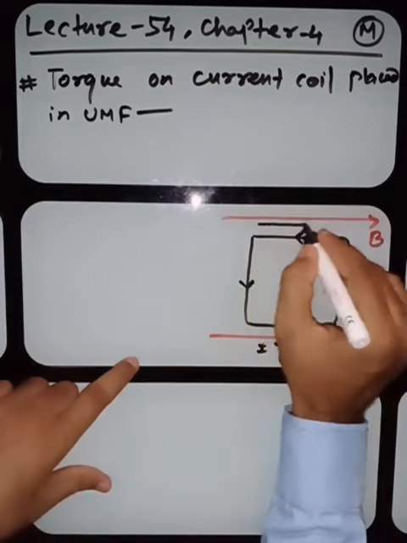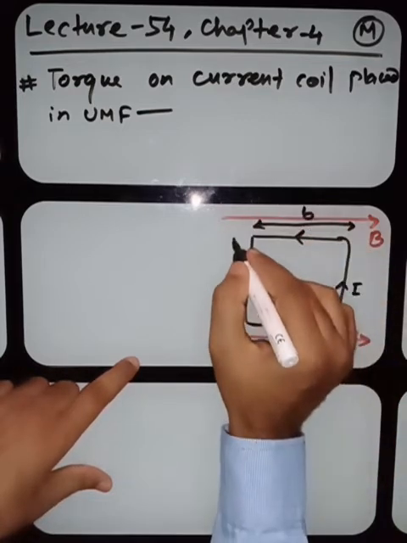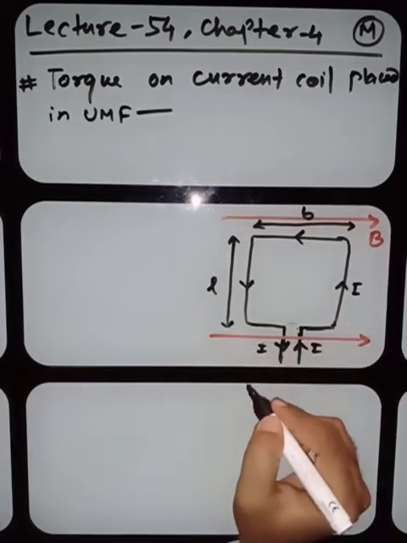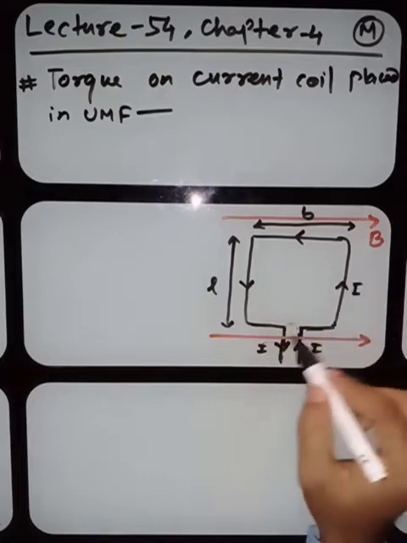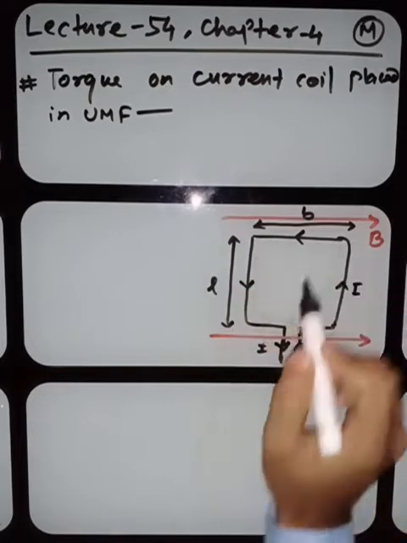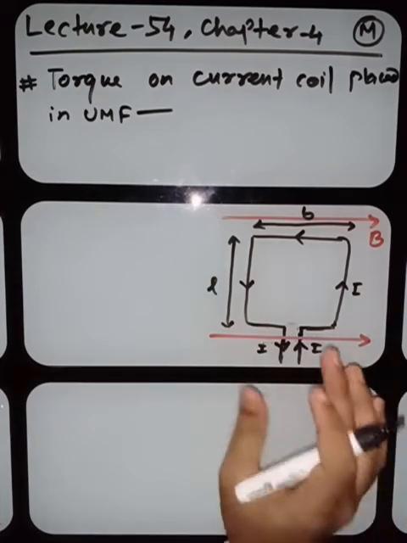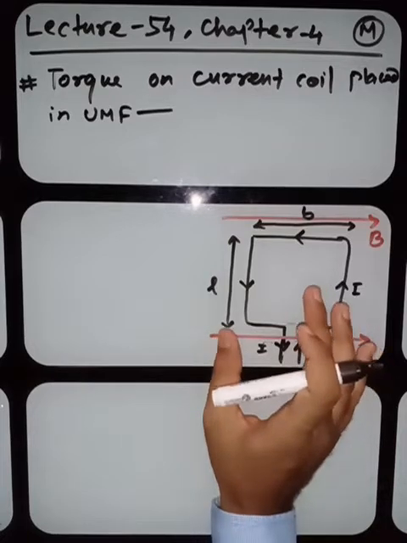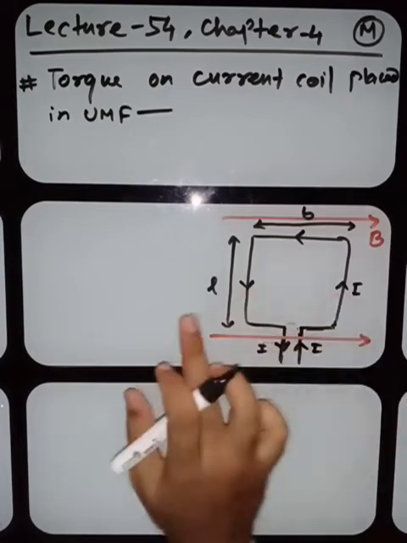This side of the coil is b, this side is L. All right, length is L. It is quite clear the area of this coil, the face area, will be L times b. Now the current loop is placed in a magnetic field, remember, so it will experience a torque on different arms.